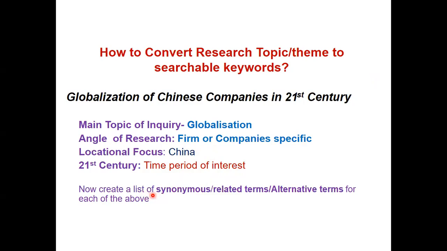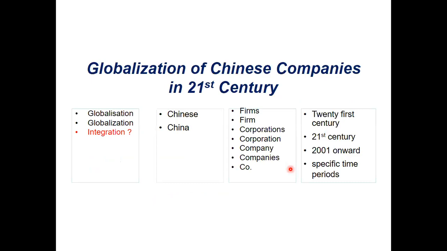And then create a list of synonymous or related terms and alternative terms for each of these search terms above, okay? These are criteria that you're using to find your topic. So you might put it this way: globalization of Chinese companies. That's your topic.